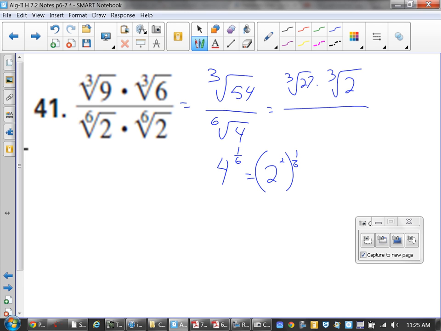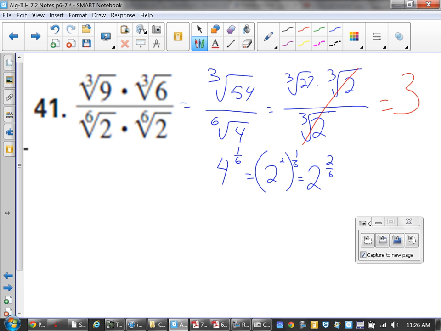So using my exponent rules, power to power, I multiply that. I get 2 to the 2/6, which is 2 to the 1/3, which is the cube root of 2. So now the cube root of 2 divided by the cube root of 2 is 1. So simple yet so complex.